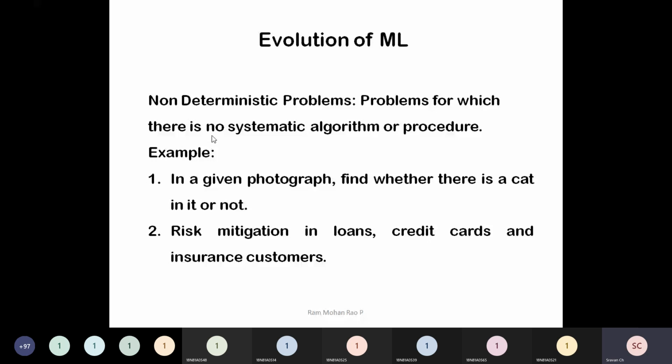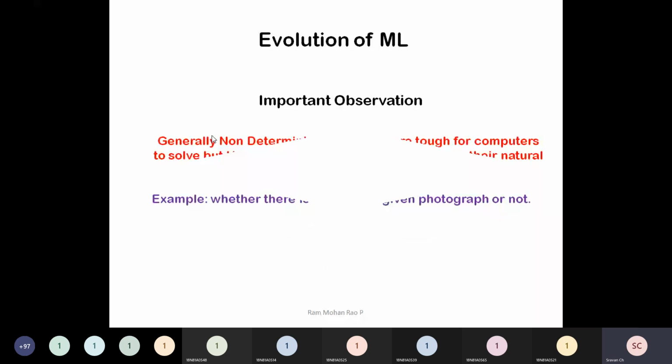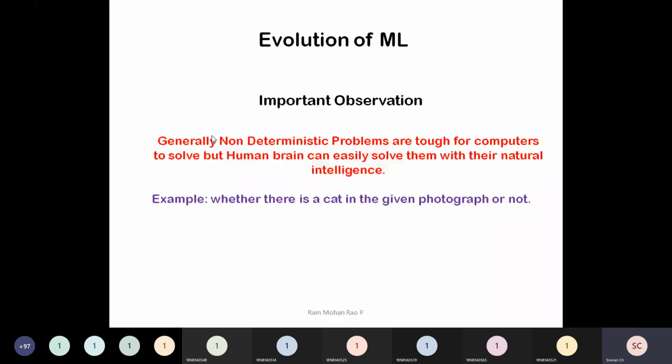With our natural intelligence, by looking at the photo we can say there is a cat in it, there is a dog in it, there is no cat, there is no dog. Like that, easily we are able to classify, easily we are able to identify. So identification and classification problems are very easy for us to solve, whereas for a computer it is very difficult.